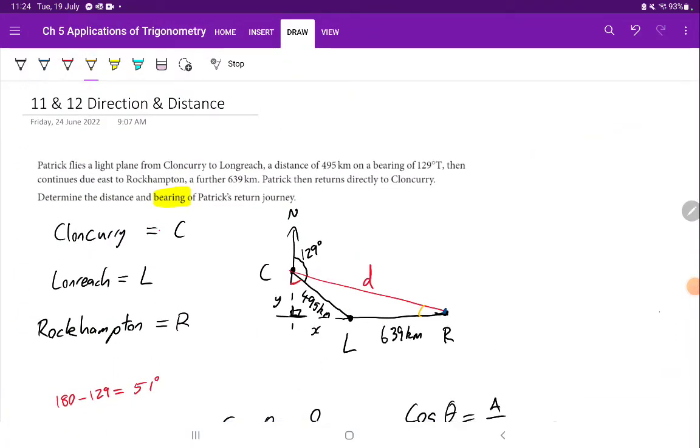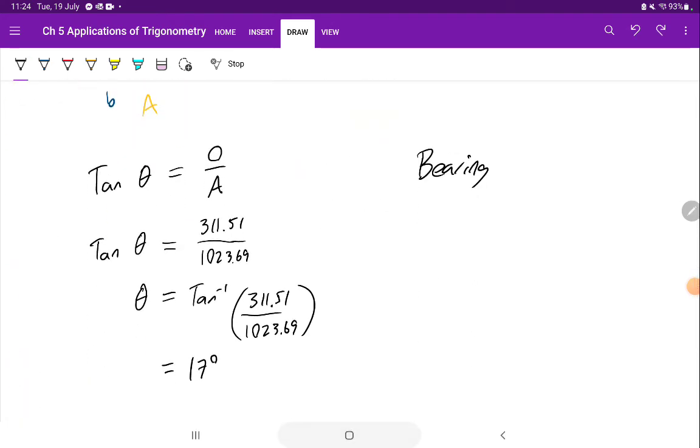It's 270 plus that little angle we just worked out. So our bearing is actually going to be equal to 270 plus 17 degrees, which is 287 degrees true. And so we now know both the distance, d, and our bearing that we took.